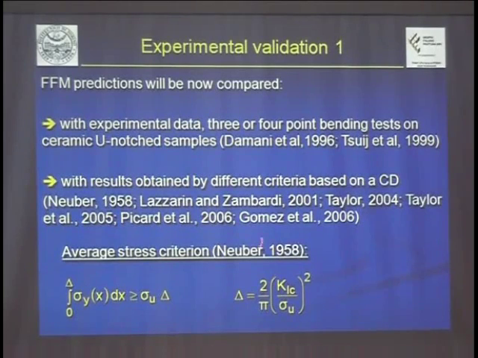Indeed, in a recent work by Gomez et al. dated 2006, it was shown that all the criteria based on a critical distance provide very close predictions. We just decided to focus our attention on the simple average stress criterion proposed by Neuber in 1958. This is the stress condition, and this is delta, the finite crack advance, which is a material property.